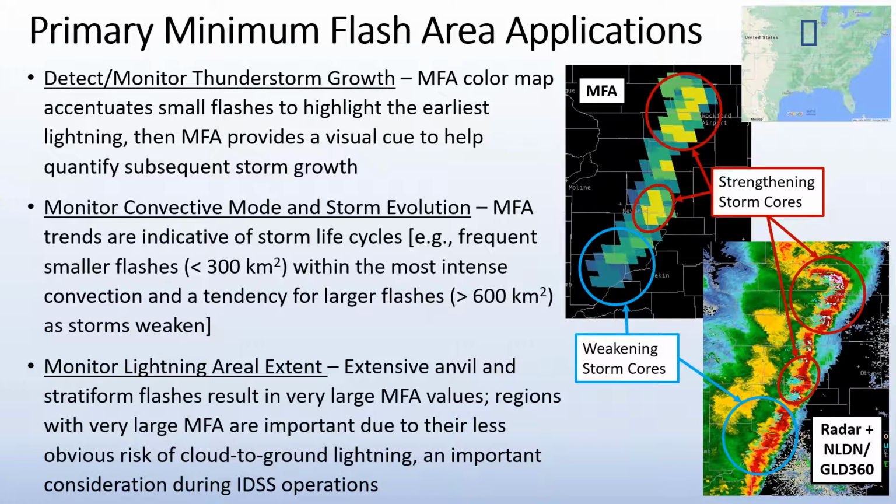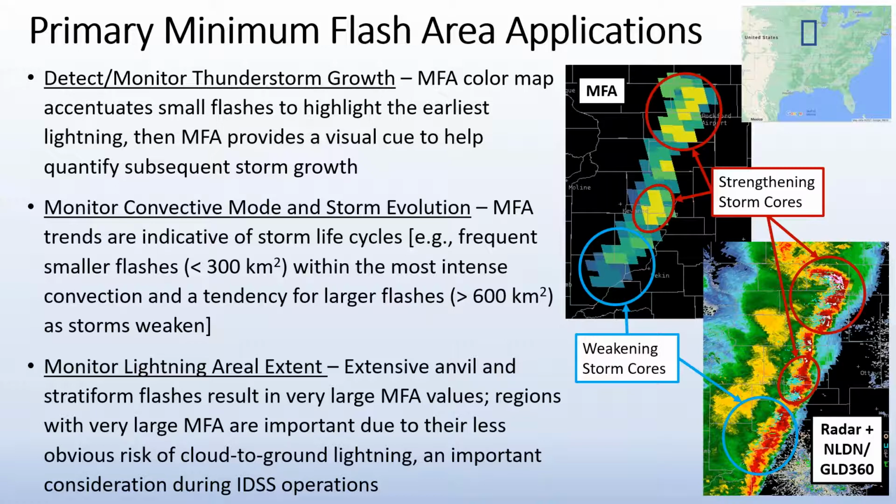And then as the minimum flash area shifts to larger flashes, so greater than 600 square kilometers, that would be a situation where that section of a storm, or the storm in general, may be weakening. So that's highlighted by the example on the right, where the red ovals highlight strengthening storm cores with your smaller MFA pixels, and then the larger MFA pixels on the southern side of that system could indicate weakening for that convective system.